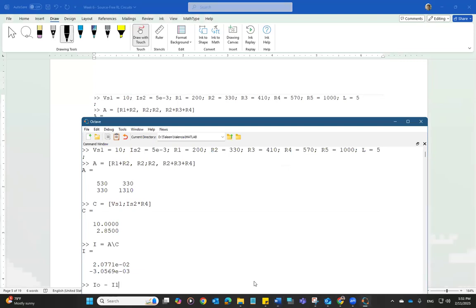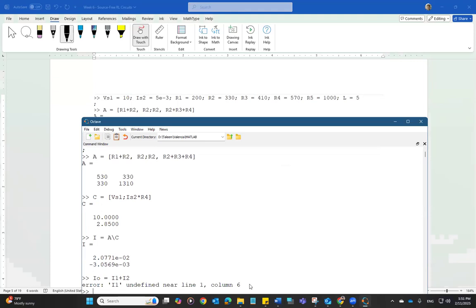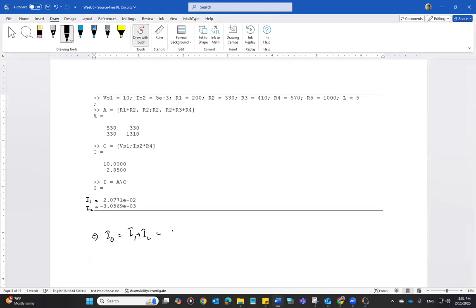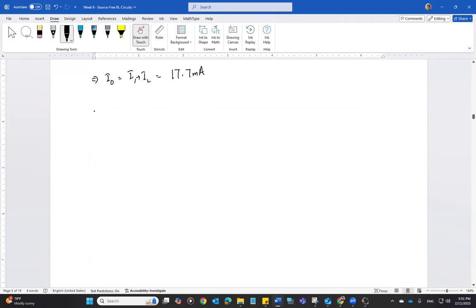I did not define that, so I'm just going to take the first value of I and the second value of I. 0.017714, so 17.7 milliampere. This is my initial value of current passing through the inductor. And now we're going to do t greater or equal to 0.